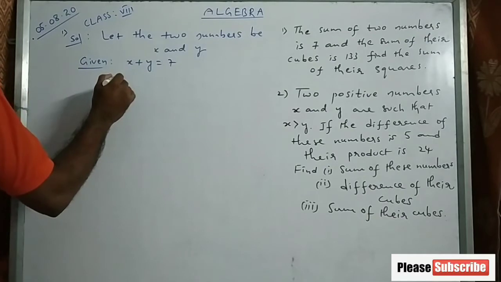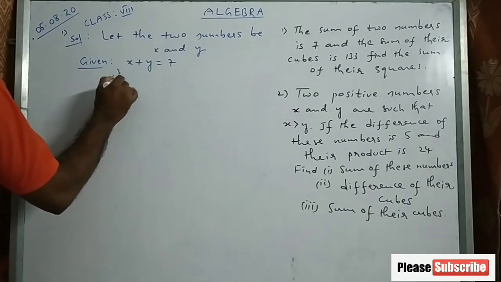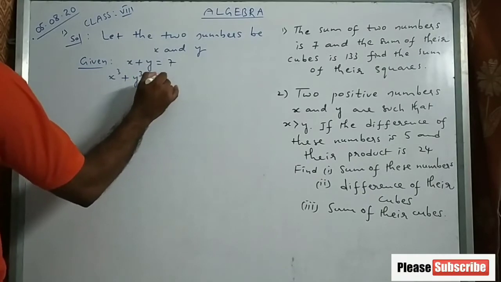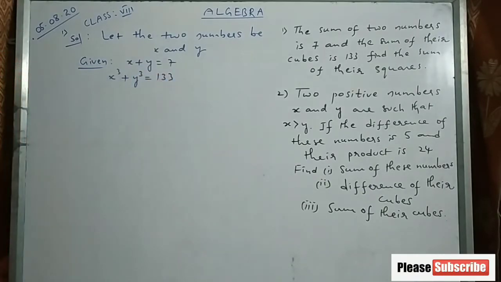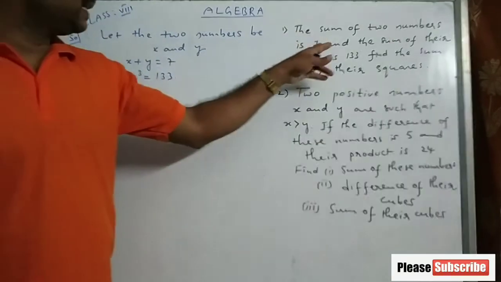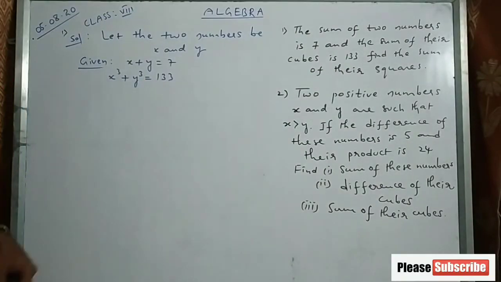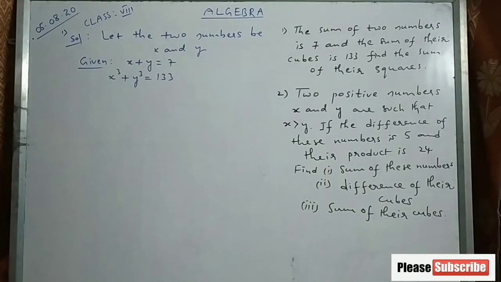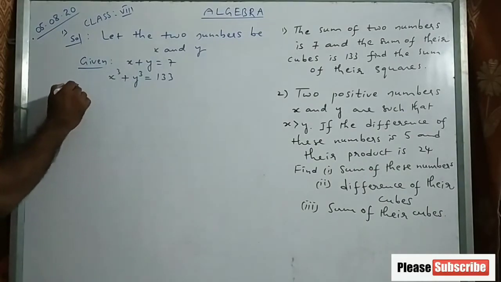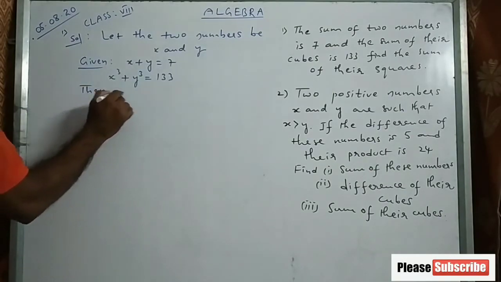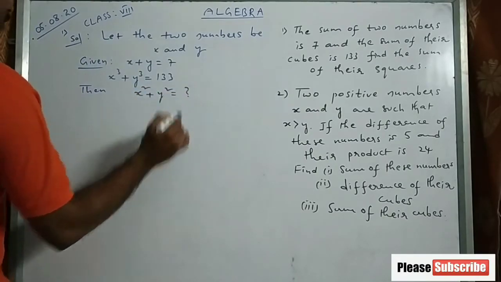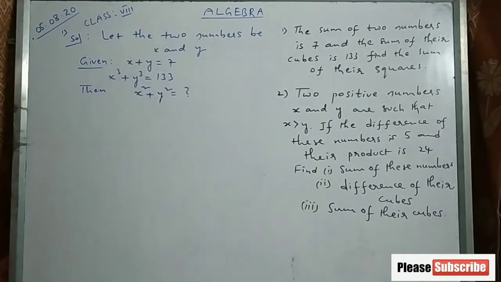The sum of their cubes is given, which means x cube plus y cube is 133. Then we should find x square plus y square, right?